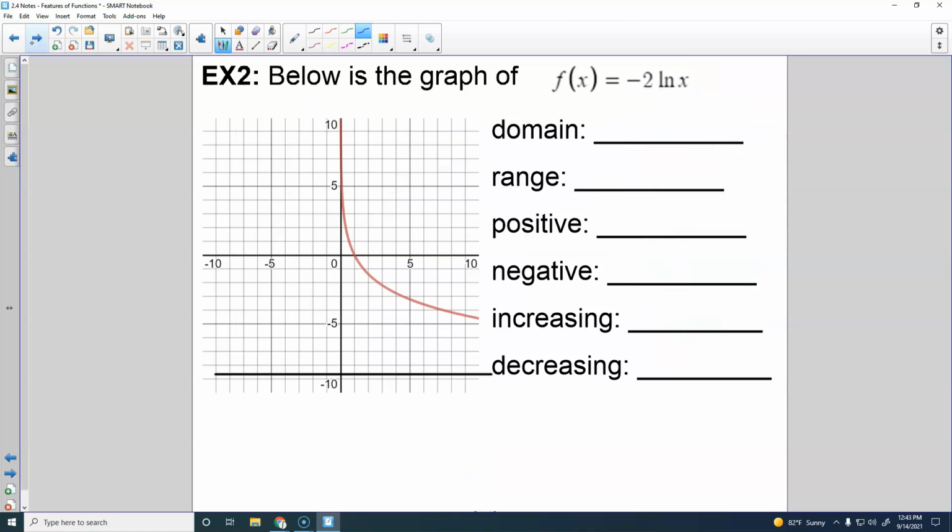All right, number 2 is a natural log, which should be a review for us. So I'm going to let you guys try this one on your own.